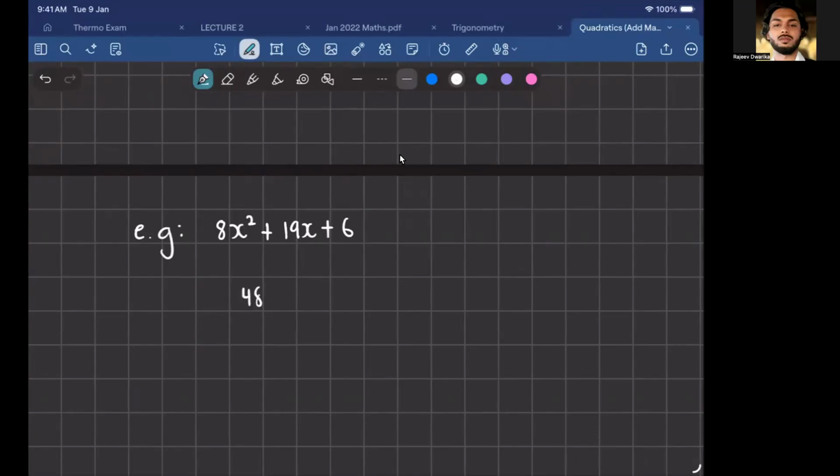Right, 48. If any of you can figure it out, submit it via WhatsApp. Don't blurt it out. Tell me what's next, Avinash? Then you find two numbers that multiply to make 48, but also add to make 19. Correct.